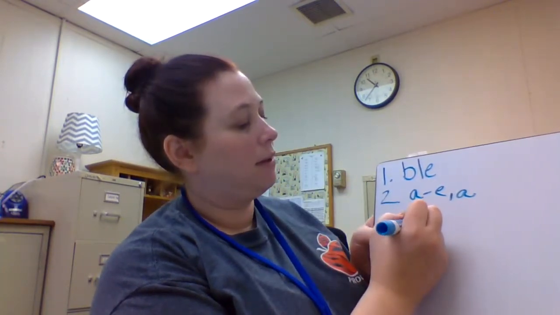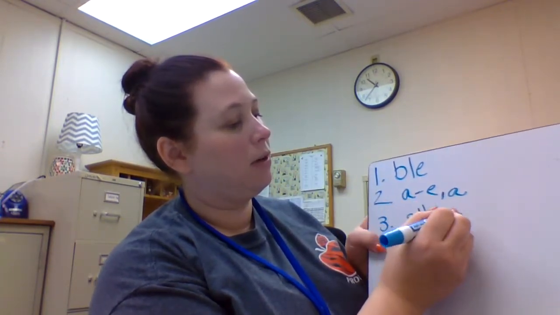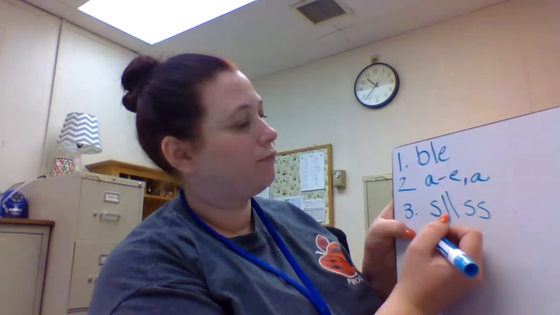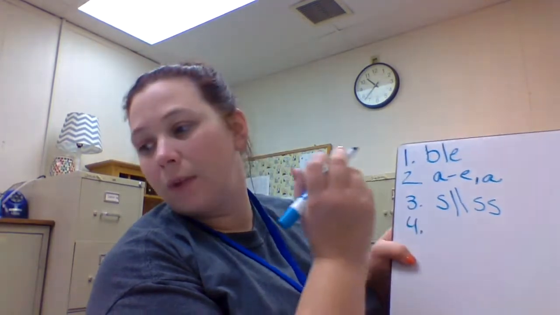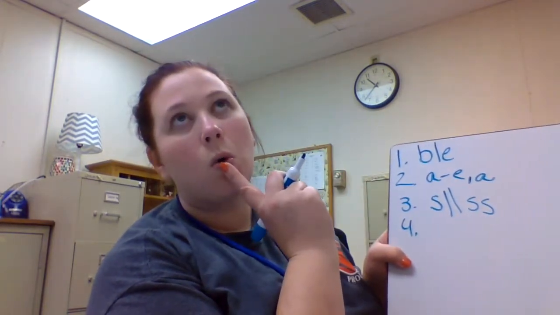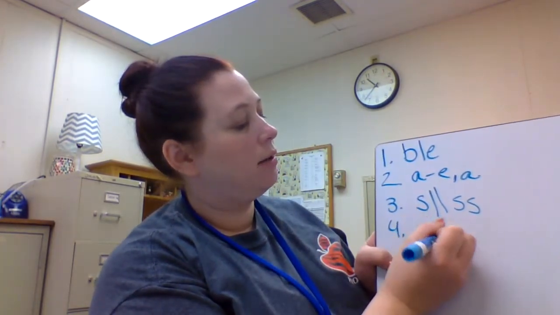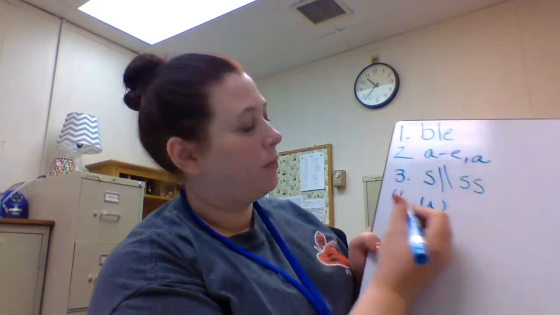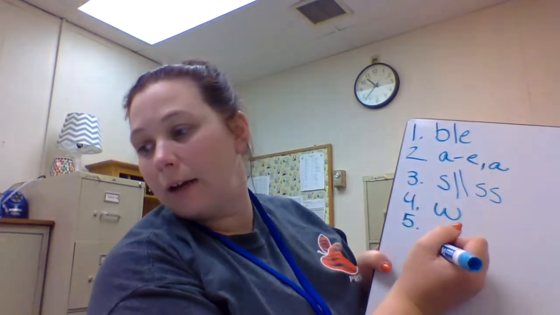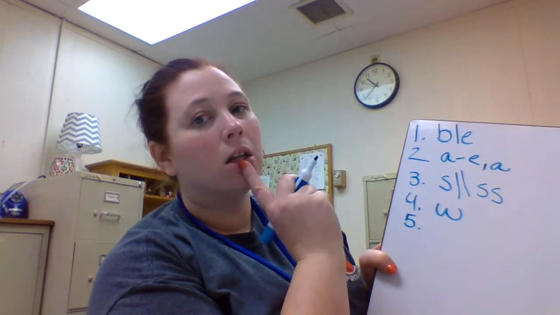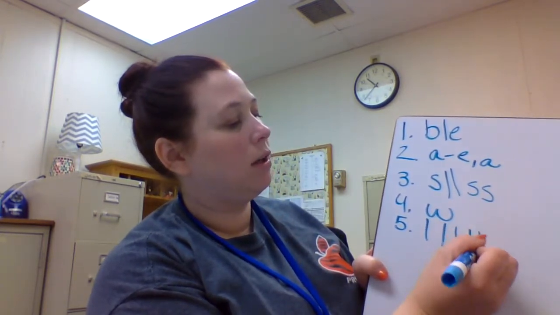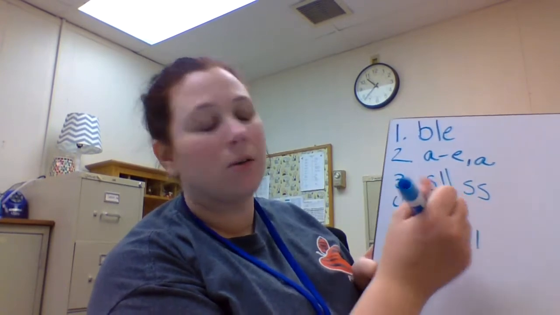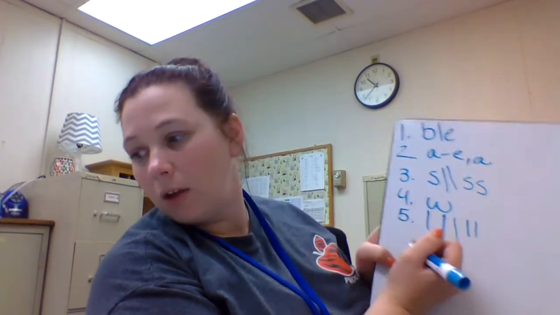That's made with s, or as a final sound, ss. Number 4, w. And that is just our w. Number 5, ul. We have l, or as a final sound, ll. That looks like just a lot of l's there, but you know that's our final sound.